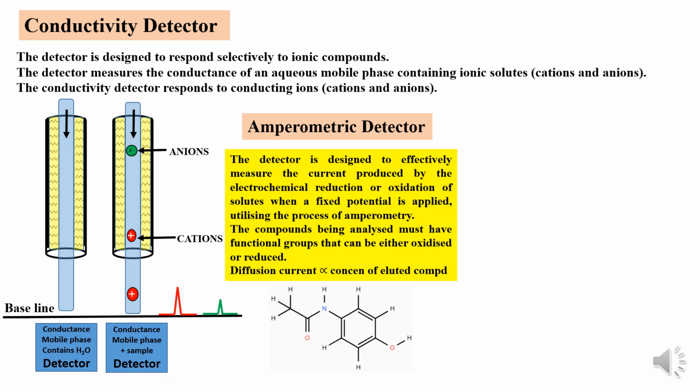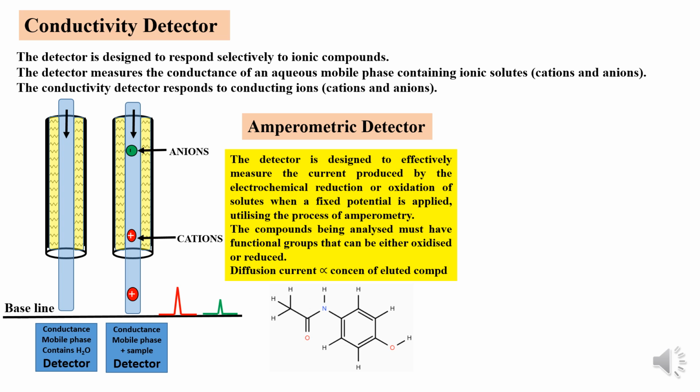Now when a fixed potential is applied, what happens? These groups get either oxidized or reduced, and a current is generated. So the diffusion current so generated due to the electrochemical oxidation or reduction of the groups is directly proportional to the concentration of the eluted compound.